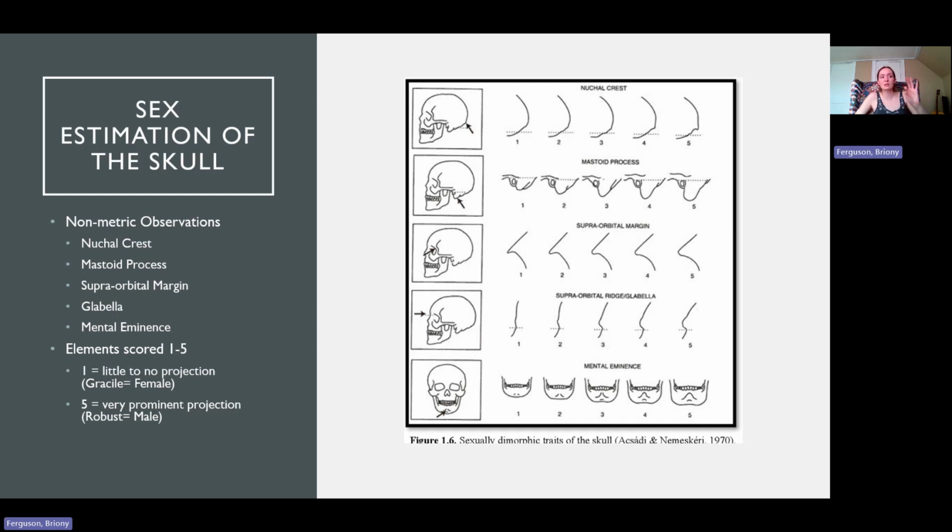Now, this is because young men that have not gone through puberty or have not finished puberty haven't had a chance for a lot of that testosterone to really kick in and then change the bone morphology to that robust nature that we typically associate with males. So you can end up misidentifying them as a female when it's actually a young man.